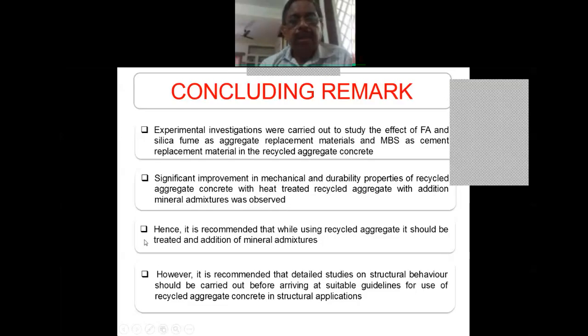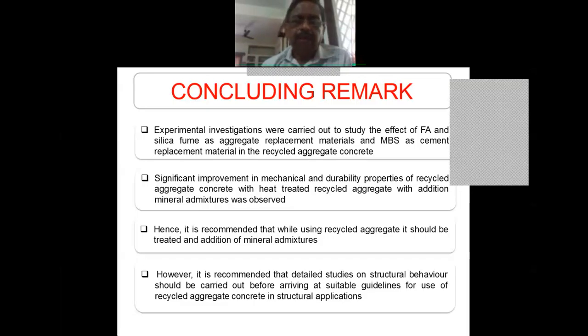So that way we have to use these recycled aggregates, concrete and other things in future, but with proper addition or mix proportioning. And fly ash and mineral admixtures like silica fume or any other mineral admixtures you can use for improvement of strength.